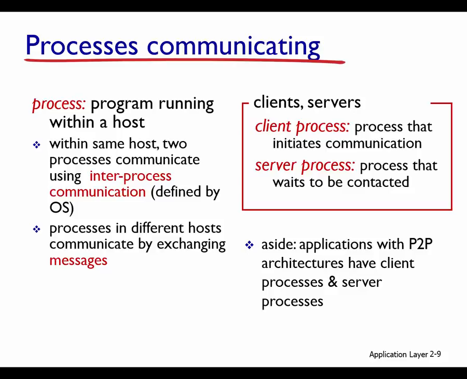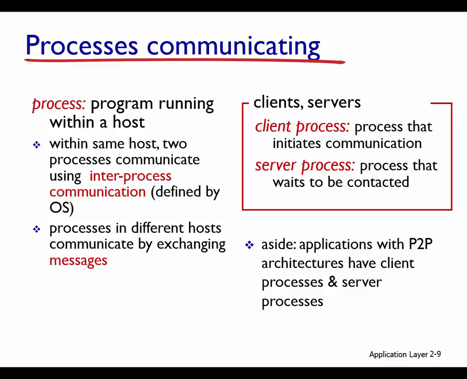And processes in different hosts communicate by exchanging messages, so the API would have to have an ability for the process to push and pull data over that API and exchange messages, and how that gets handled is taken care of by the lower layers.